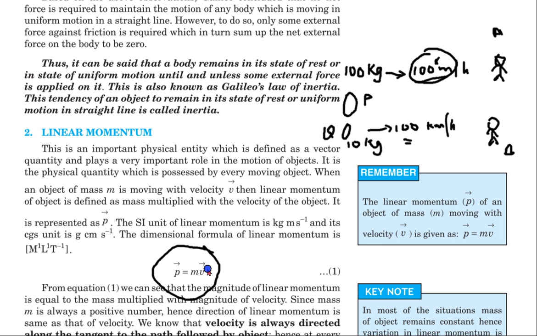Here, if velocity increases, momentum will also increase. If mass increases, momentum will also increase, and vice versa. So more mass will produce more momentum, and more velocity will produce more momentum. If both are small, they will produce less momentum.